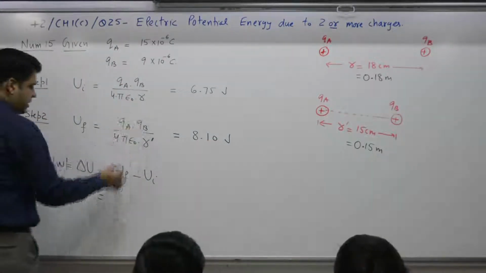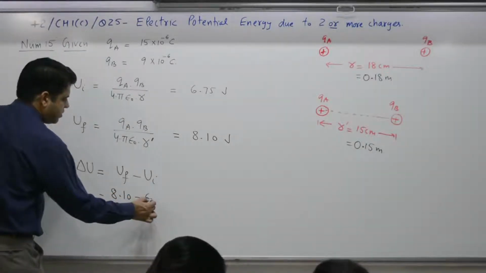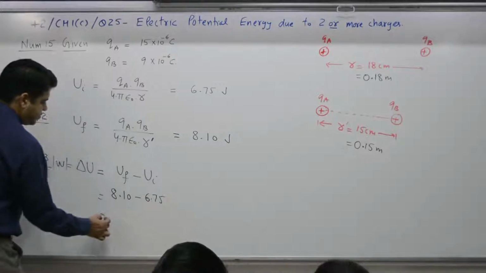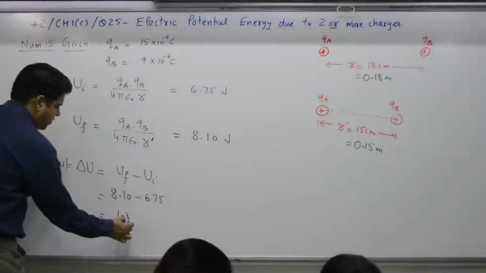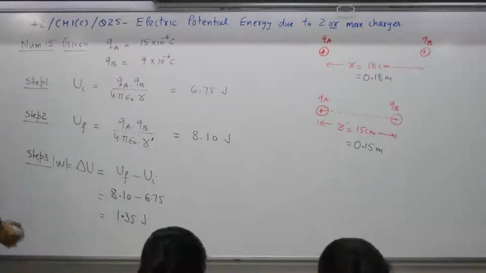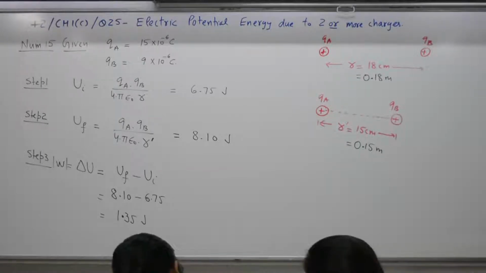If it is correct, let us work out. Final energy is 8.10 minus 6.75, which comes out to be what? 1.35. Check the answer, please. Yes, correct answer, 1.35.